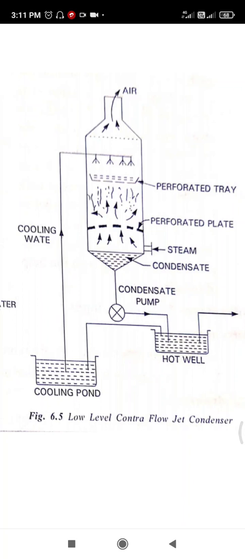The steam, while rising up, comes in direct contact with water and rapid condensation takes place. Non-condensable air is sucked by an air pump from the top. The mixture of condensate and water is collected at the bottom and discharged to the hot well by means of a condensate pump. So this is the working of this counter flow jet condenser.